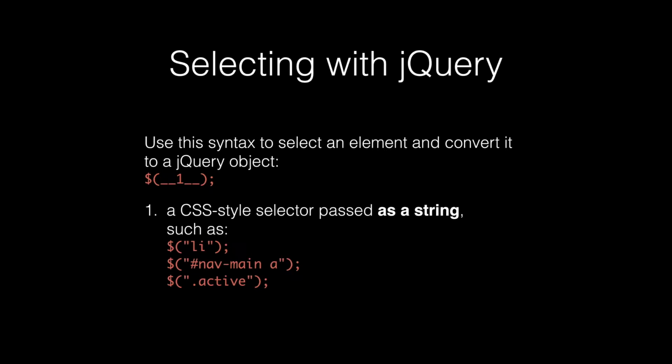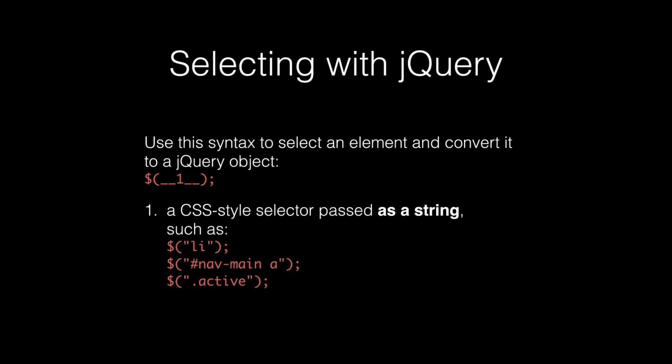We will also get in the habit of naming our own variables with a $ sign at the beginning to help remind ourselves and anybody else looking at the code that that variable will hold a jQuery object.